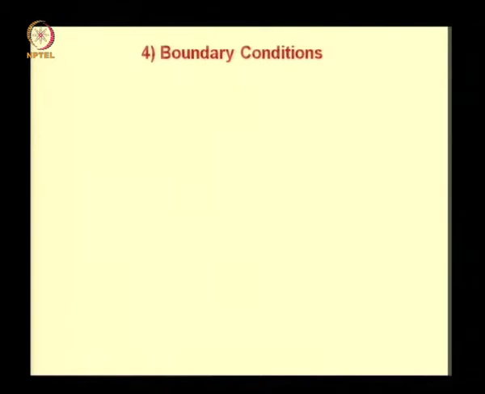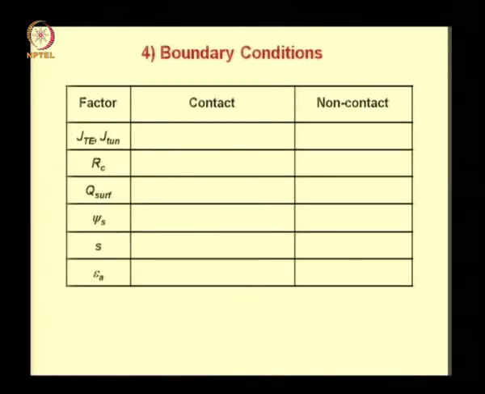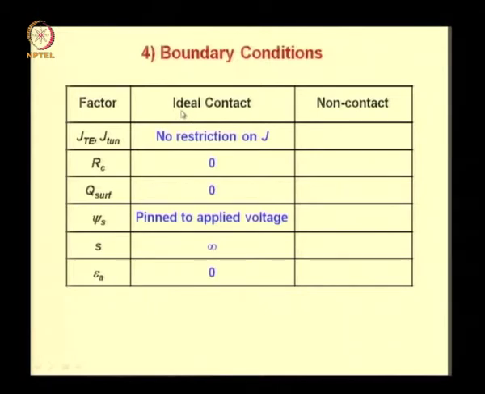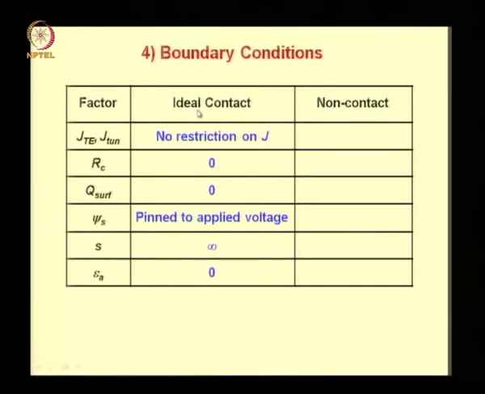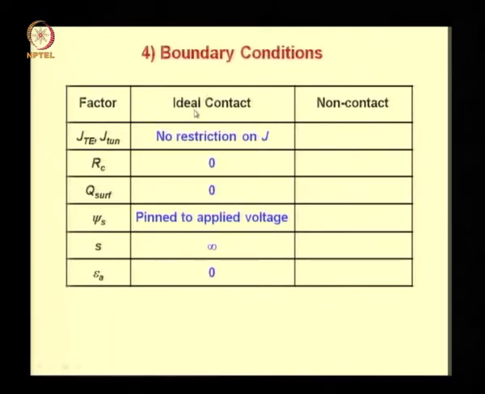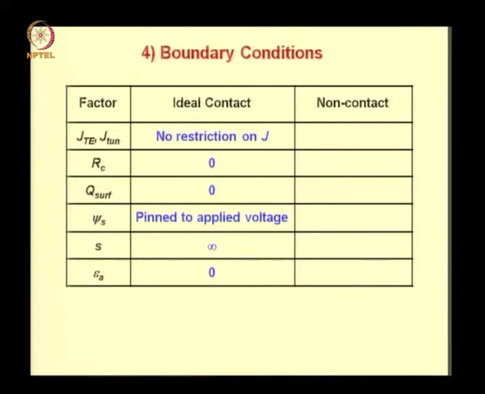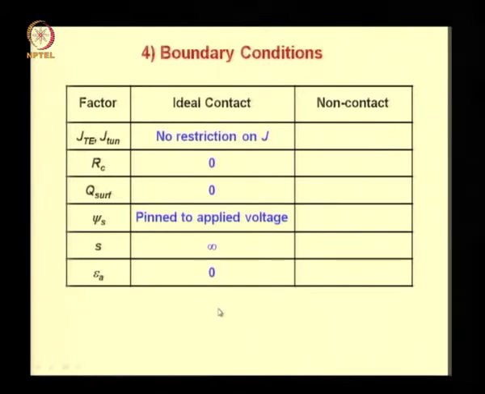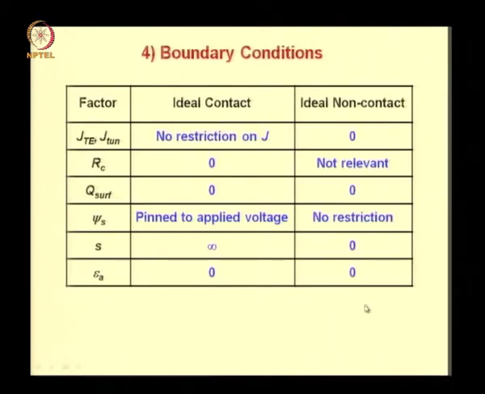Let us look at the boundary conditions. In the module on drift diffusion transport, we have explained that the boundary conditions depends on all these factors. Now we had said that often we use the so called ideal conditions for contact and non-contact, and ideal contact condition, the description of these factors are as given in this column, and similarly for ideal non-contact the descriptions are as given here.